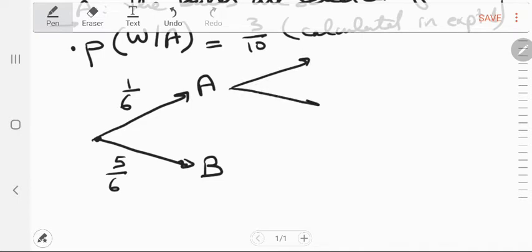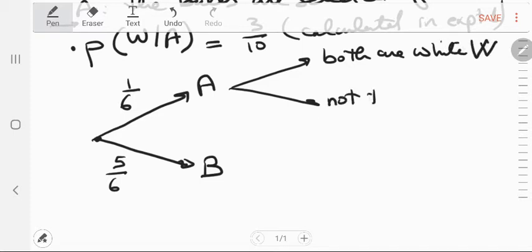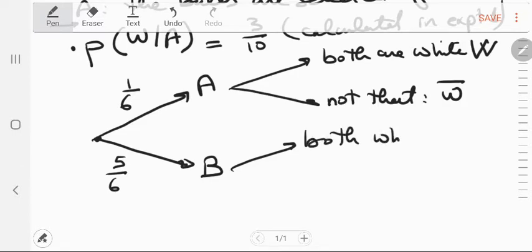So either both are white, and this event is denoted by capital W, or not that. Not that means W bar, which means the 2 balls could be both red or 1 white, 1 red. I don't care about details here. We are only concerned about the white balls, if both are white or not that.